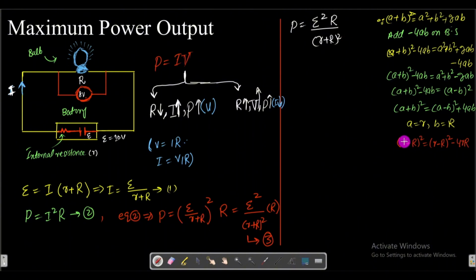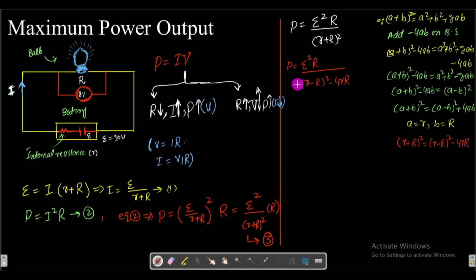So we put the value of (r + R)² from here, and this equation becomes P is equal to the electromotive force squared into r divided by (r - R)² + 4rR.